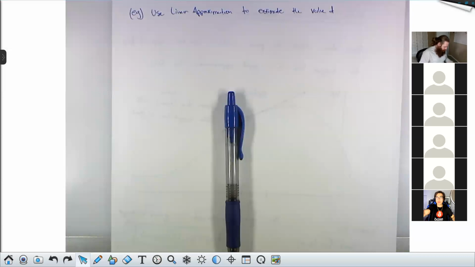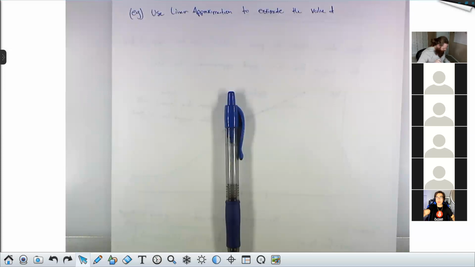I usually like to do the square root of 2, but yeah, that's a little bit tricky. So let's do it like this.